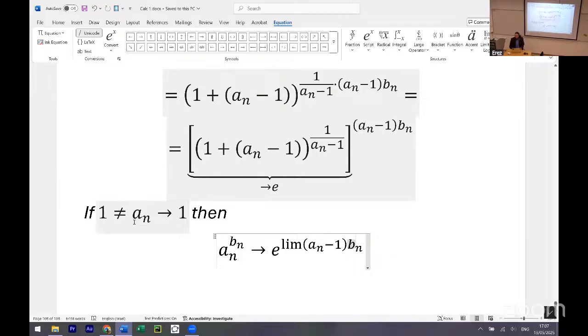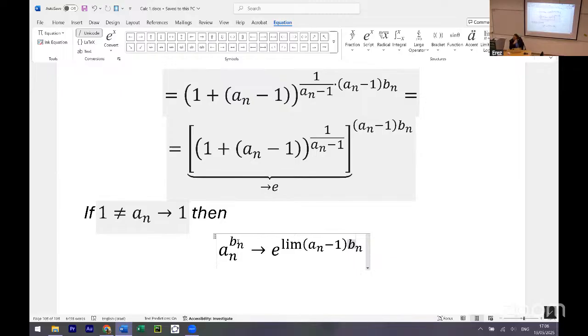Usually, if bn doesn't tend to infinity, you don't use it. If an tends to 1 and bn tends to 5, then 1 to the power of 5 is 1. You usually use it when bn is infinity, but you can also do it when bn is minus infinity, and when bn switches between plus and minus infinity.